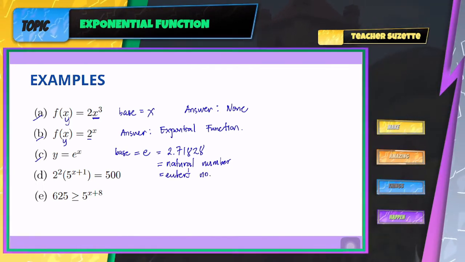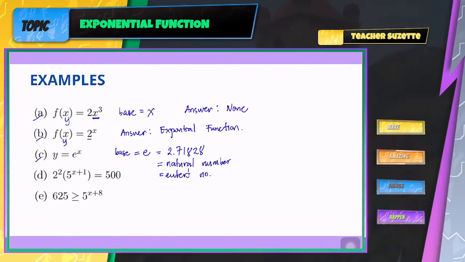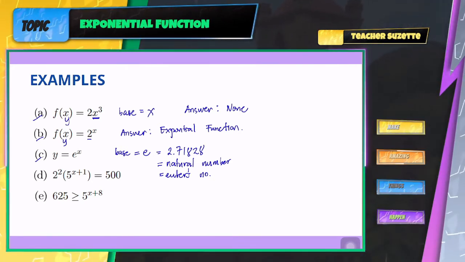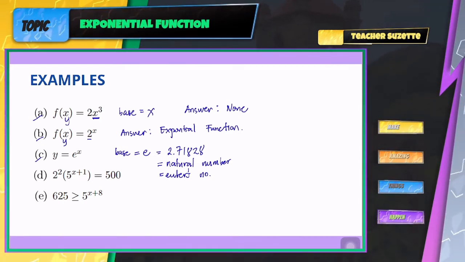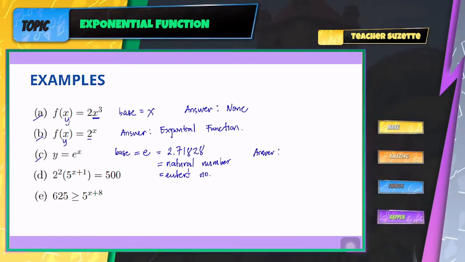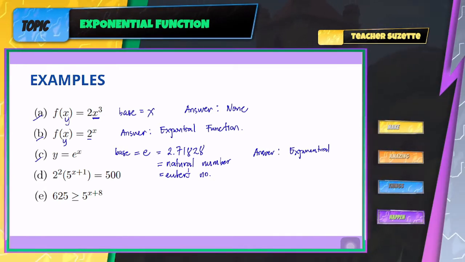So, later po, madidiscuss pa po natin yan at may elaborate natin yan as we go along with our discussion under logarithmic function. So, therefore, meron tayong value ng e, may exact value or may estimation value tayo na letter e. So, therefore, our answer for letter C is exponential function.